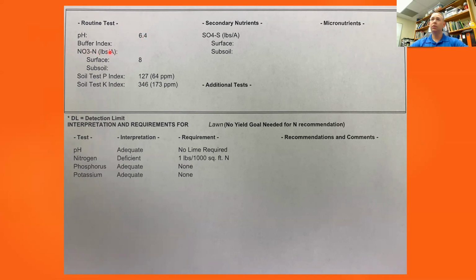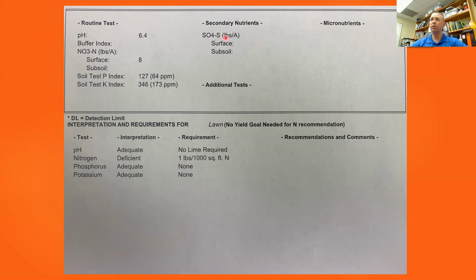We've got our NO3 pounds per acre, subsurface 8, so just a little shy. Soil test P index 127, soil test K index 346. We're not going to go into these right now. All you need to know is that they use this number to calculate what you're going to need based on what you tell them you're growing. So in this case right here, it's lawn.